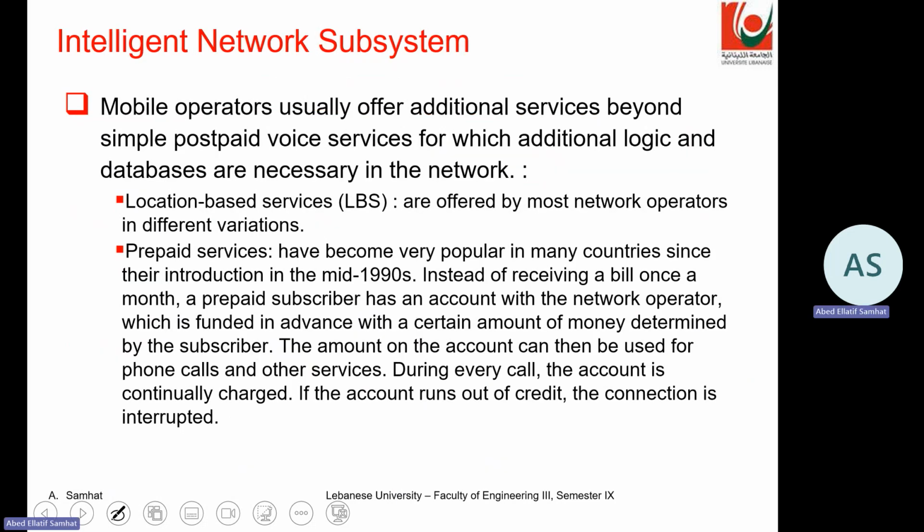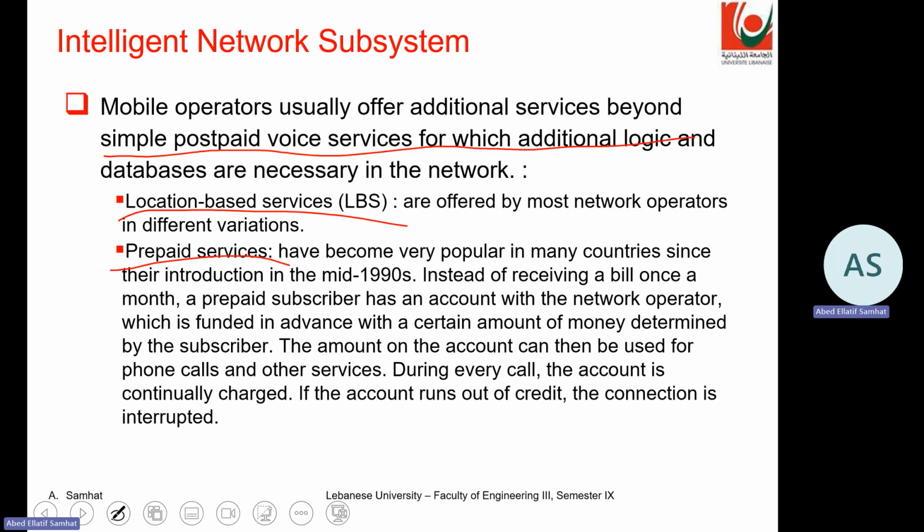At this level, we will see the intelligent network subsystem. In addition to the voice provided by the GSM network, we could have additional services. They could be, for example, postpaid service, or location-based service, or prepaid service. Okay, because I'm talking about GSM.